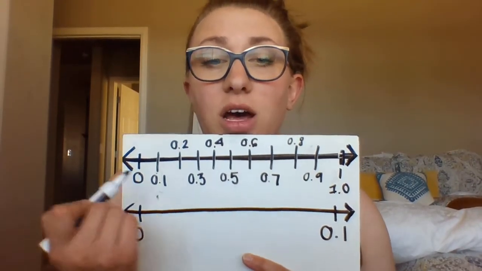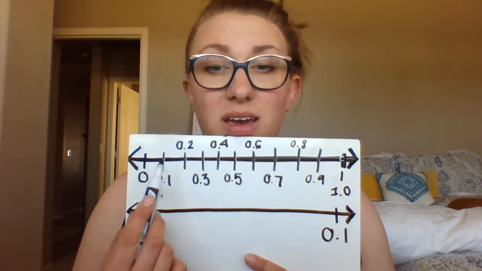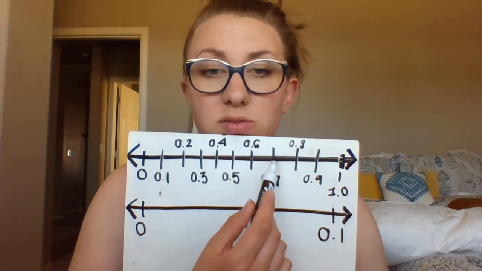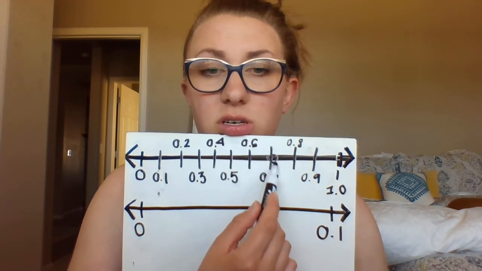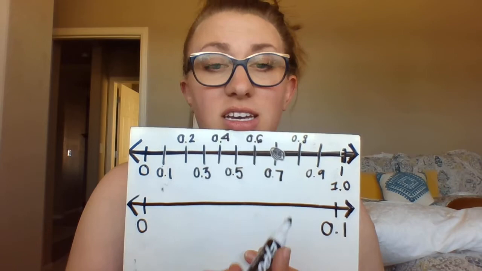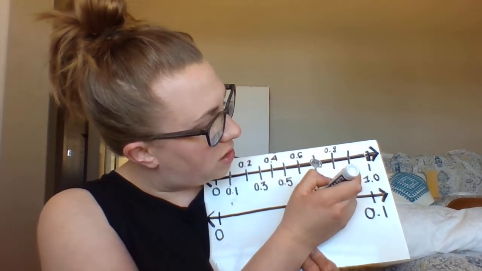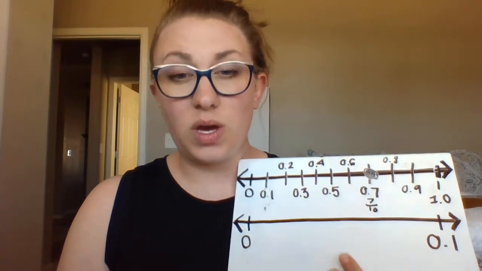So if I said on this number line you need to find 7/10, all you would do is count 7 tick marks over from the 0 and look. There we are, 7/10, which again is the same as writing 7 over 10. Okay.